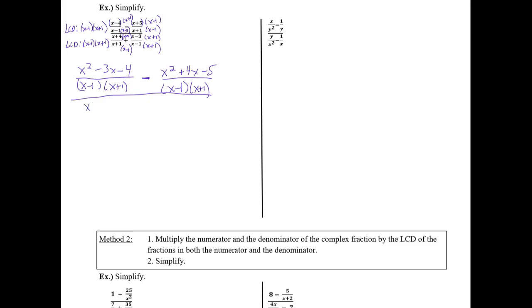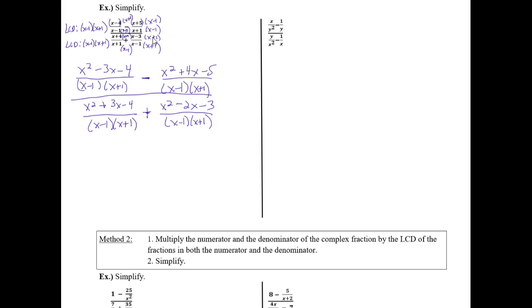We'll get x squared plus 3x minus 4 all over our LCD, plus our last fraction here, x minus 3 times x plus 1. I'll get x squared minus 2x minus 3 all over our LCD.